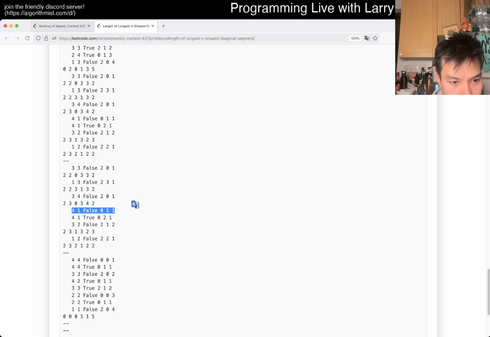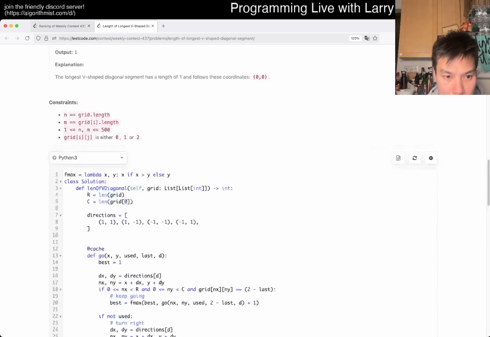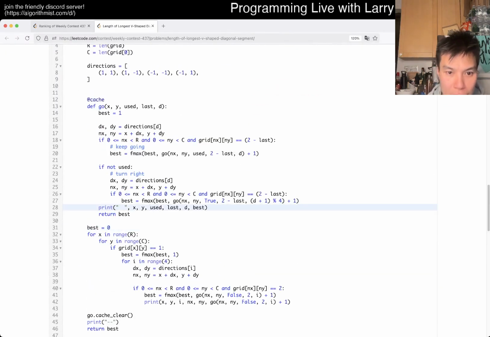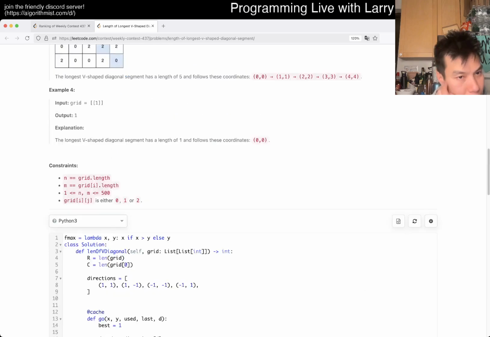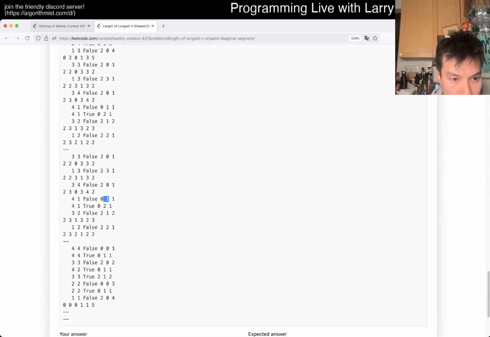I need to print out directions. Oh no, I already do. It's just order at the end. 4, 1. This is the one that we care about, I think. It goes to 3, 2, right? 2, 3 to 3, 2, 4, 1.